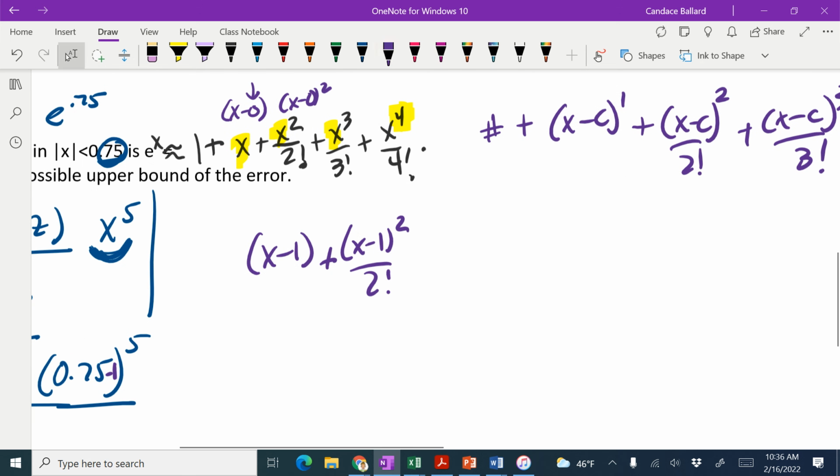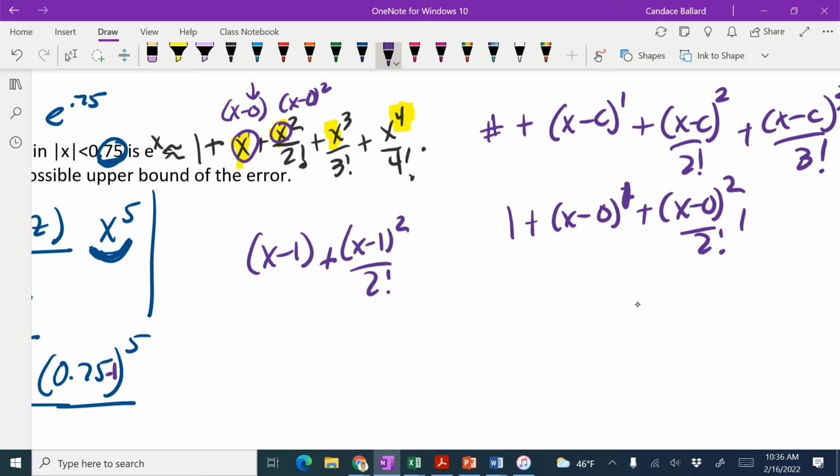Because I look at this, that's not set up. So if I'm going to rewrite that, I would write it as 1 plus x minus 0 to the first, plus x minus 0 squared over 2 factorial, plus x. Does that make sense where I got the 0 from?